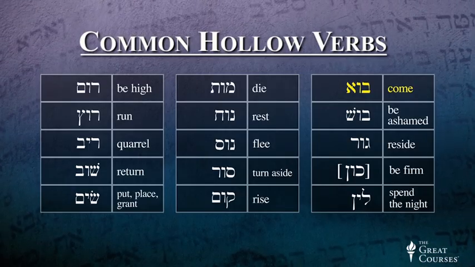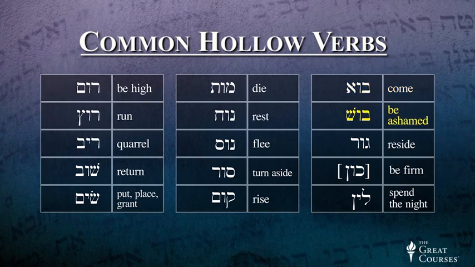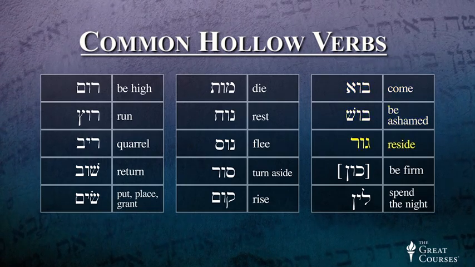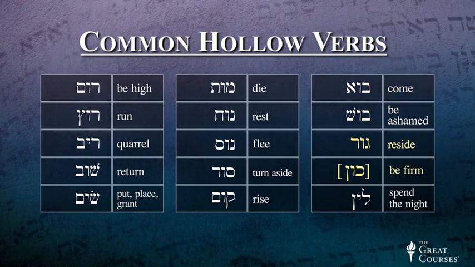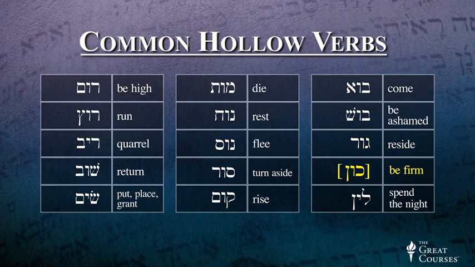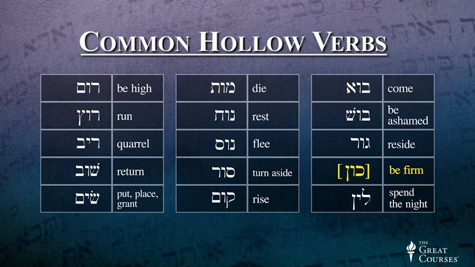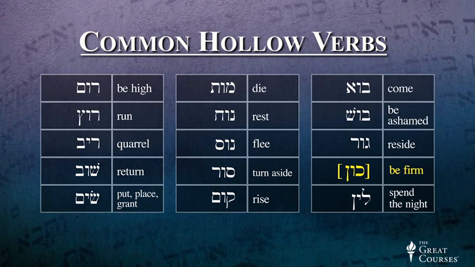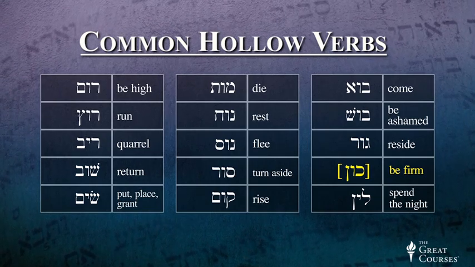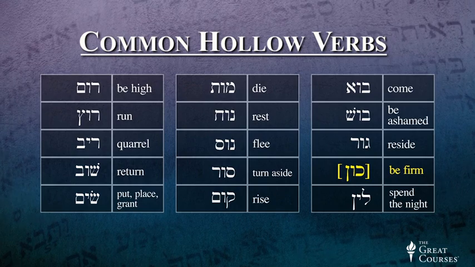And here are a dozen or so of the most common hollow verbs in the Bible. Bo, to come. Bosh, be ashamed. Gur, reside. Kaf vav nun, to be firm, only appears outside the kal, never appears in the kal binyan, but it's a very important root in other binyanim.